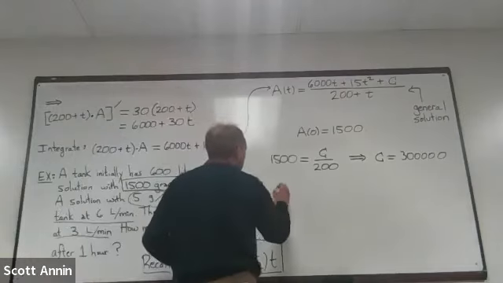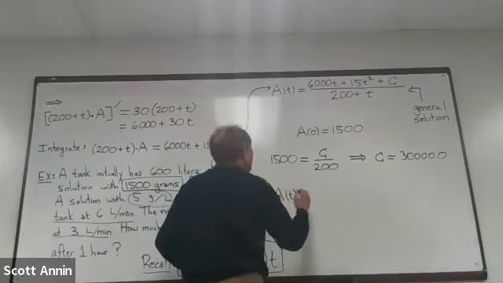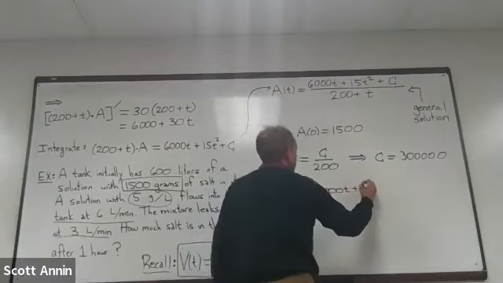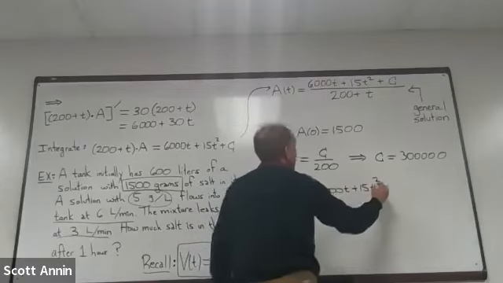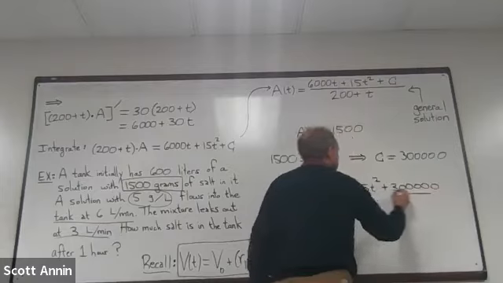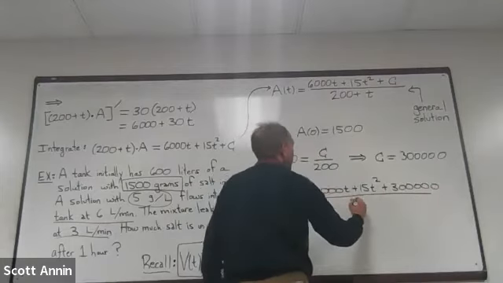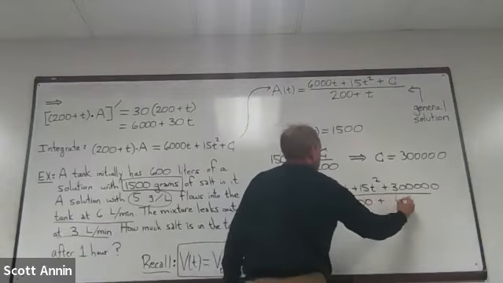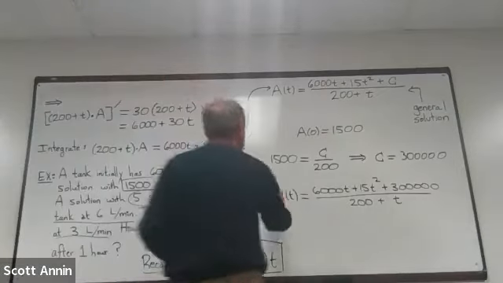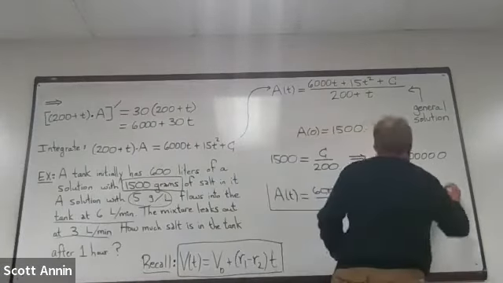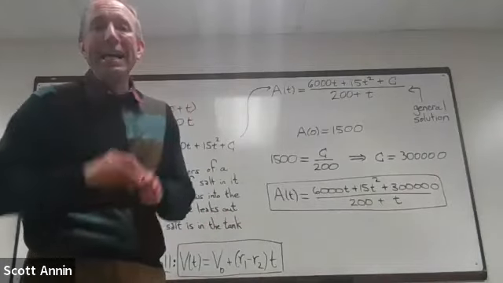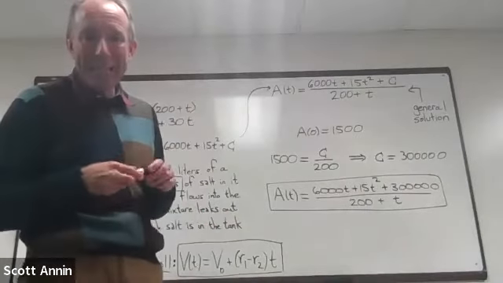All right, and so my particular solution would simply be 6,000t plus 15t squared plus 300,000, all divided by 200 plus t. This is A of t.